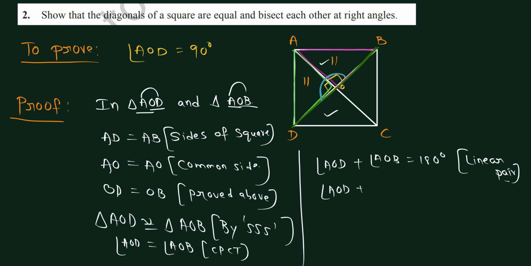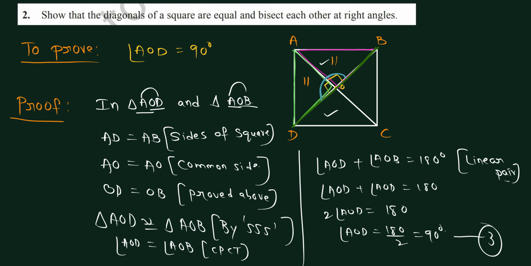AOD plus AOD equals 180 degrees. So 2 times angle AOD equals 180. Angle AOD equals 180 by 2, which is equal to 90 degrees. Let us call this 3.